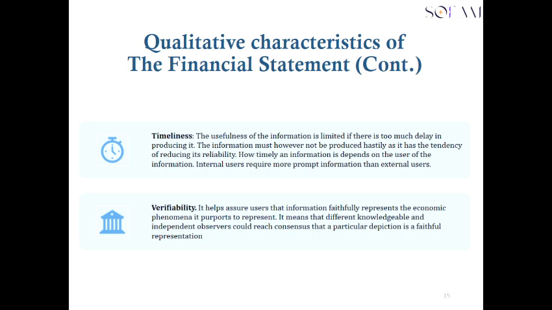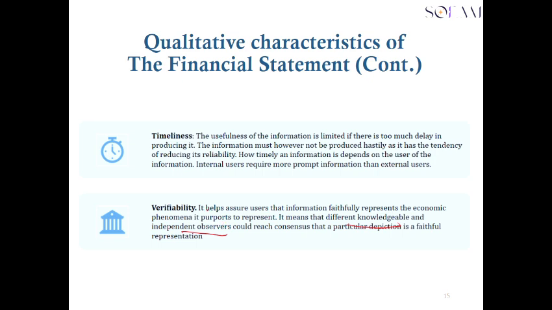The last one has to do with verifiability. So with verifiability, we are saying that the information contained in the financial report should faithfully represent its economic phenomena. So basically what it means is that if we bring a different, knowledgeable and independent observer, he should be able to look at your financial statement and reach a conclusion that, oh, all things being equal, these financial statements actually reflect the true picture of what is actually happening in the organization.